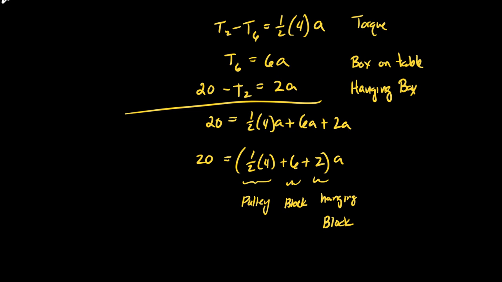Unbalanced force. Inertia of system. Acceleration of system, right? You get Newton's second law again. The only difference between first semester and second semester is we have this part, the pulley. It shows up. Its inertia is in the problem.